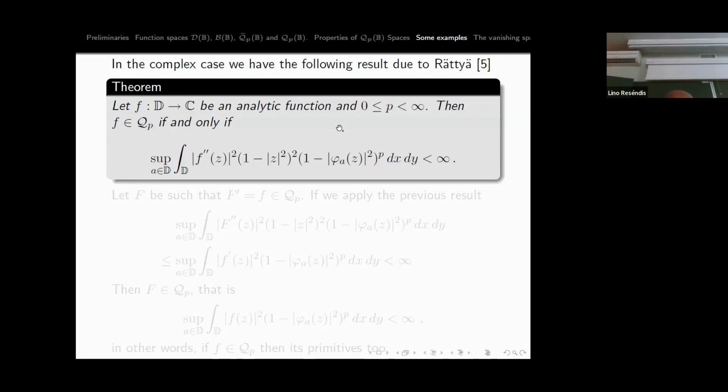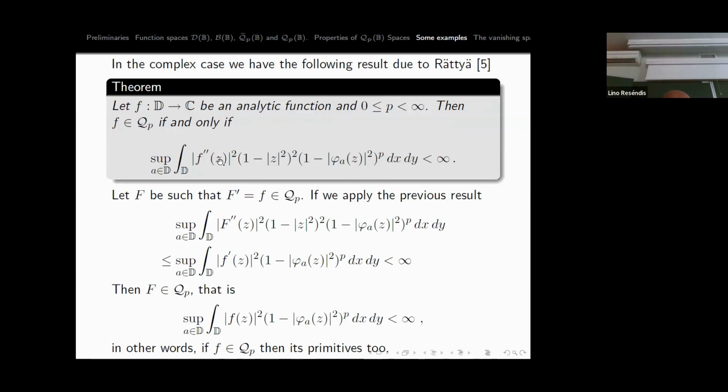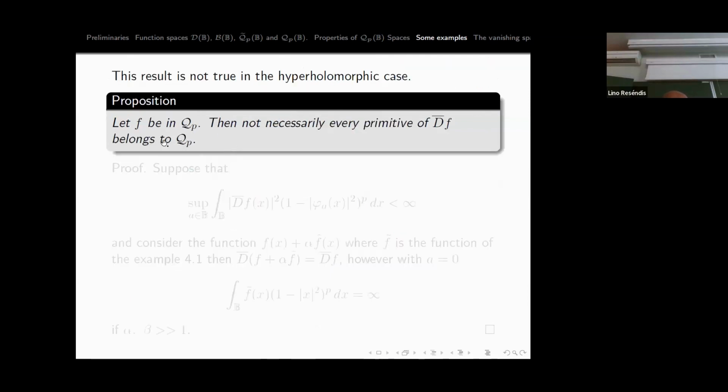However, as you can see, if we consider f in the Qp space, then not necessarily every primitive of the d bar of f belongs to the Qp space.